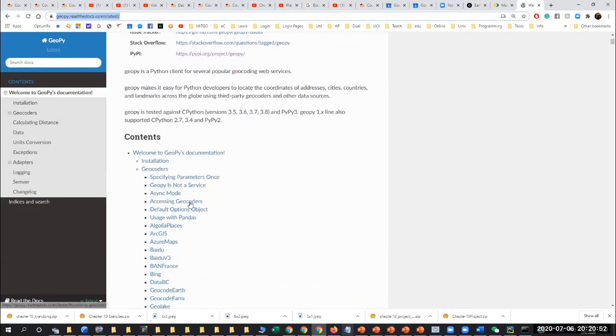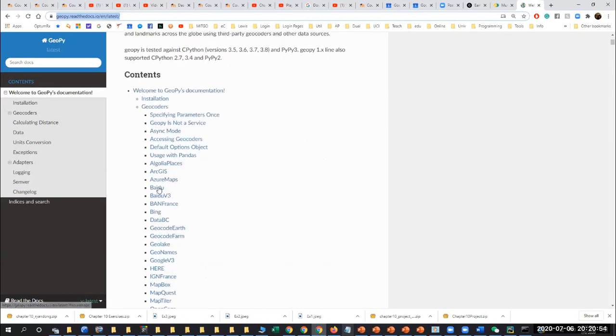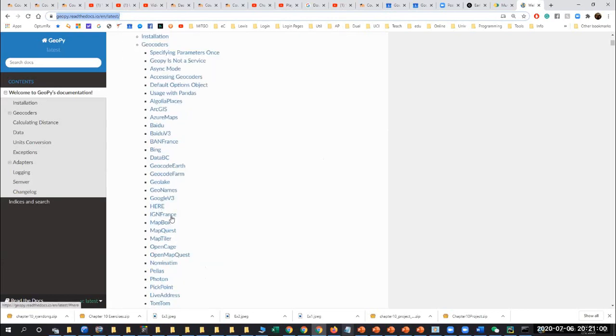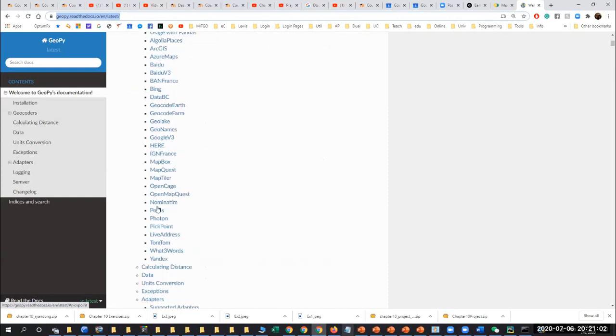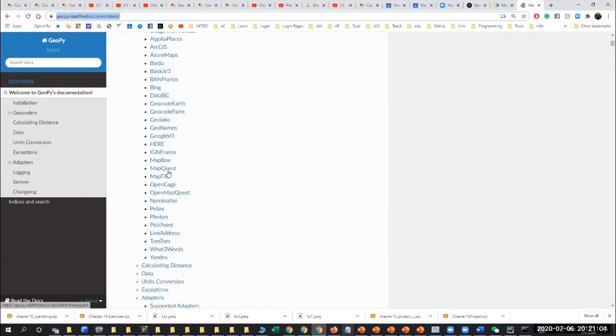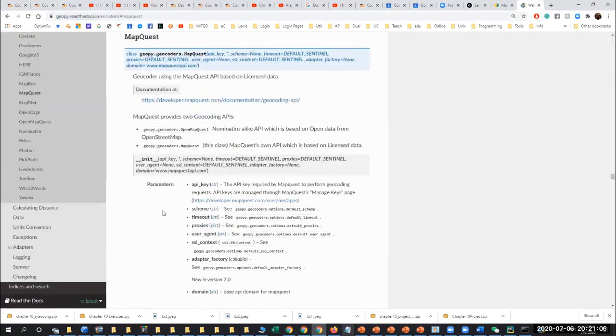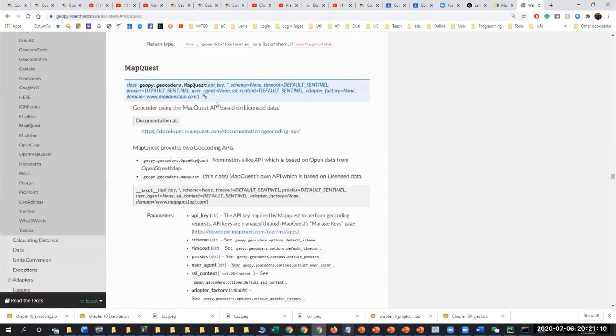In the contents, here it has Baidu, ArcGIS, and also MapQuest, and different things. So let's click this MapQuest. MapQuest will tell you how your Python program can connect with the MapQuest API.